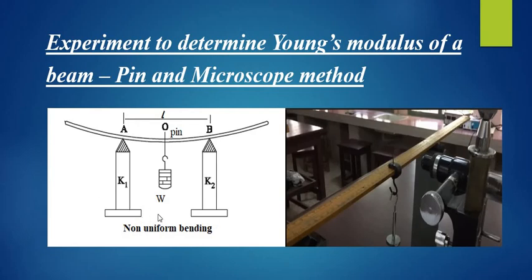A suitable mass is added to the hanger. The beam is depressed like this. The cross wire of the microscope is adjusted to coincide with the tip of the pin, and the reading of the vertical scale is noted.